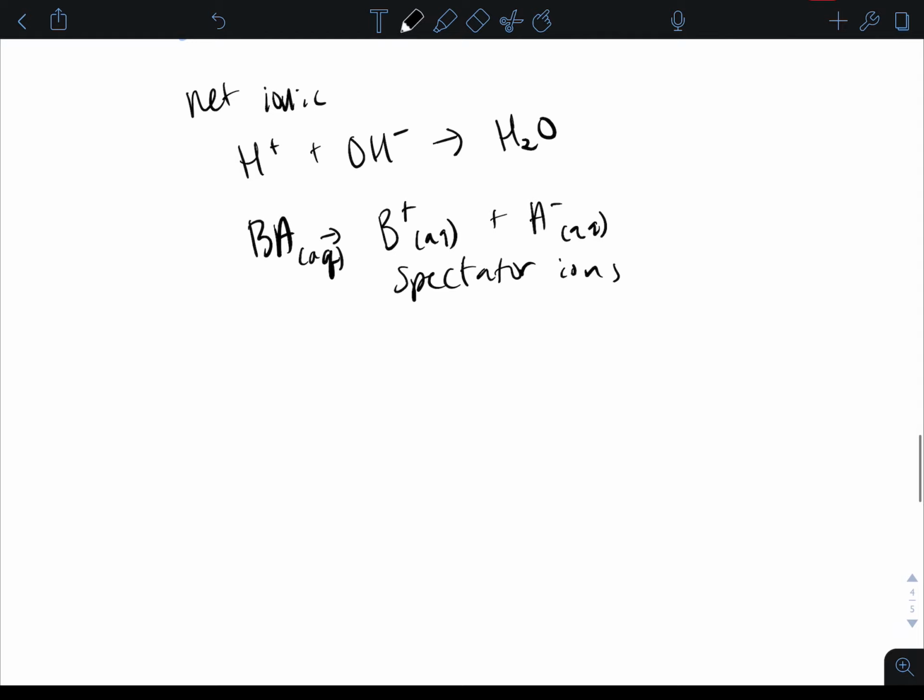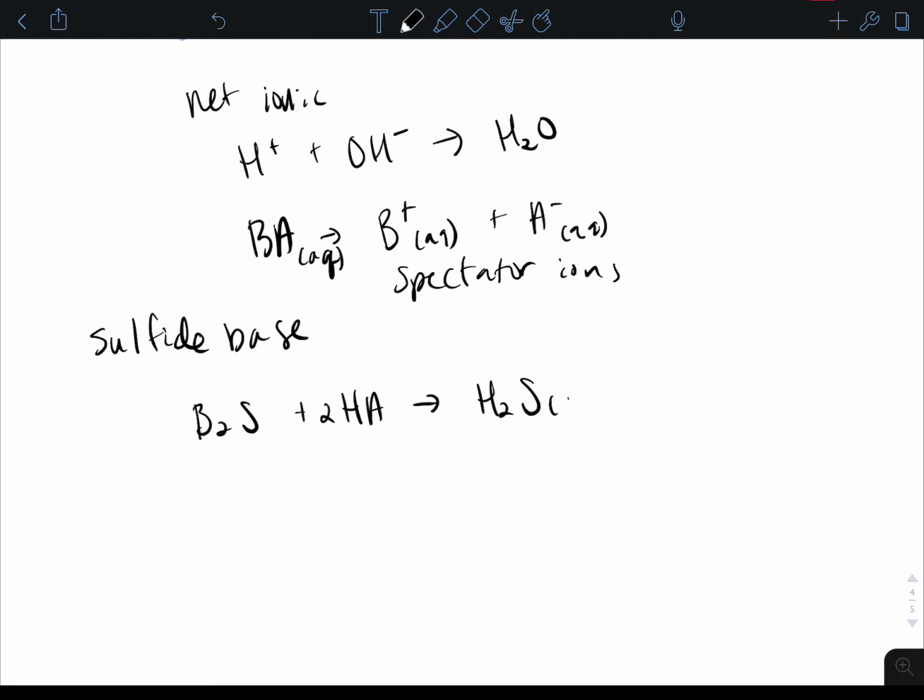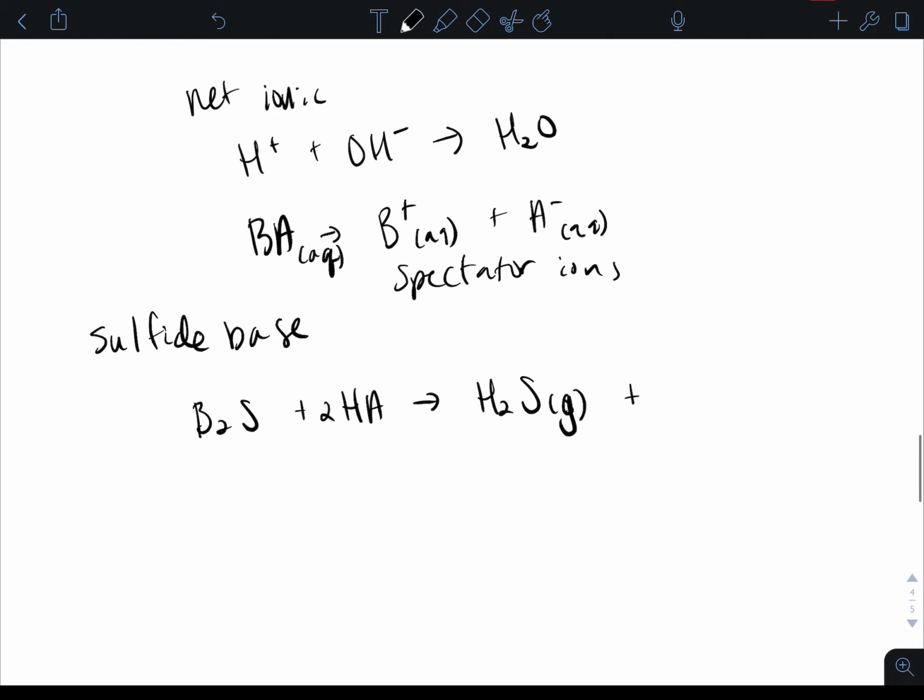Okay, next we have a sulfide base. So this is going to be some B2S, so some cation is going to come in and be attached to a sulfur, and it's going to react with an acid to produce a gas, hydrosulfuric gas, and a salt.